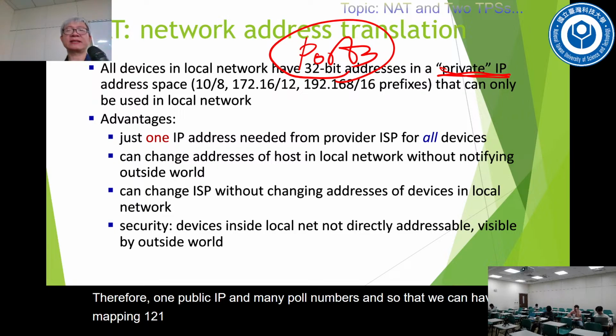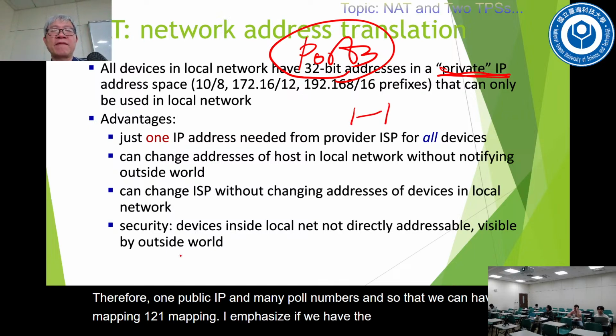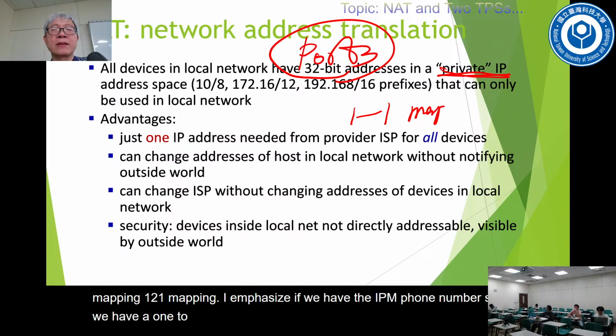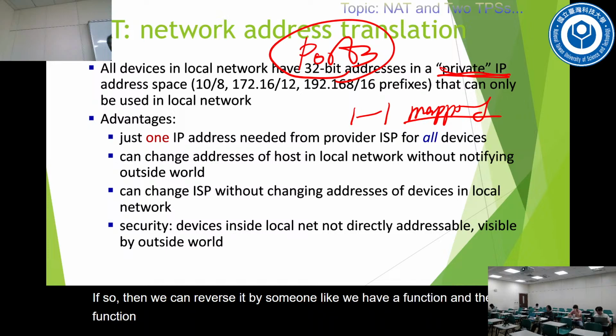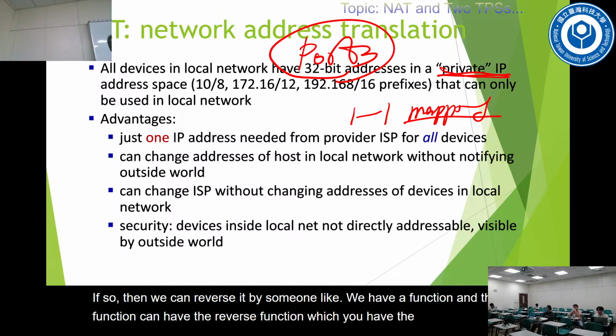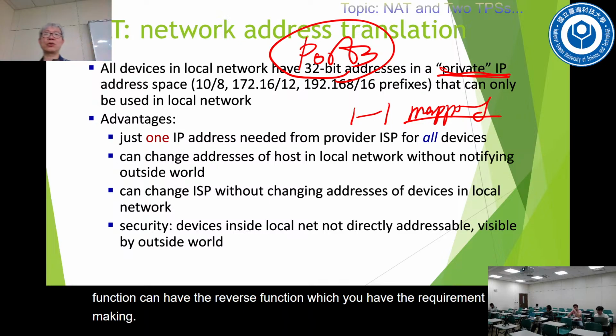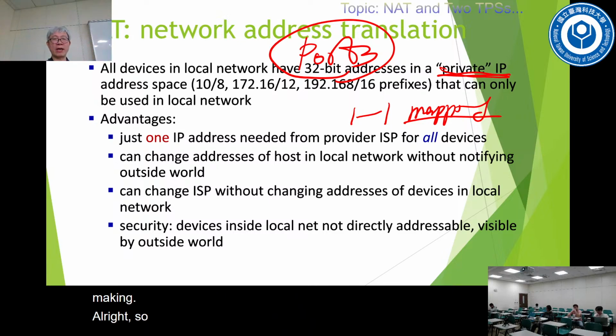I emphasize that if we have the IP and port number, then we have a one-to-one mapping. If so, then we can reverse it, right? Something like a function that can have a reverse function, we require one-to-one mapping.